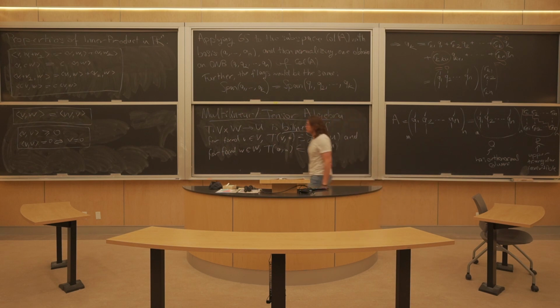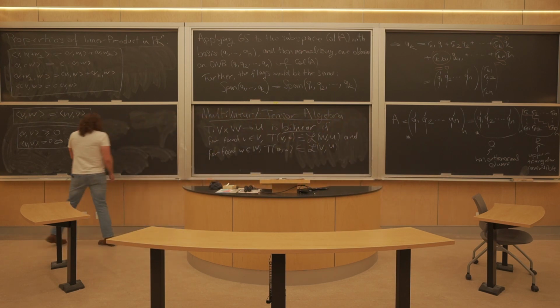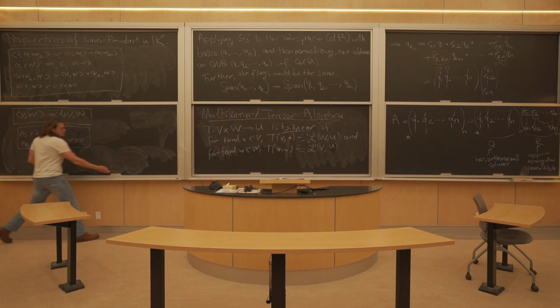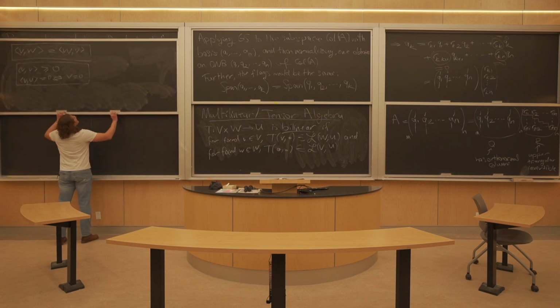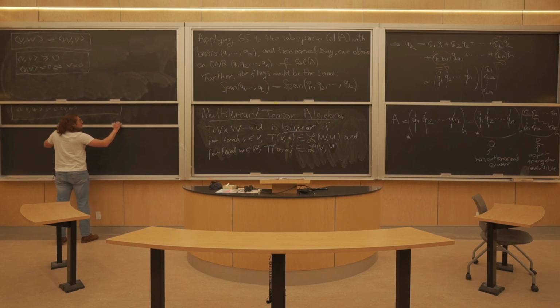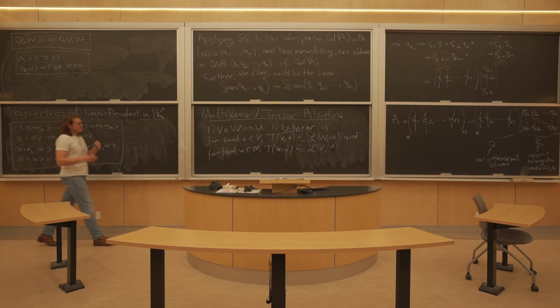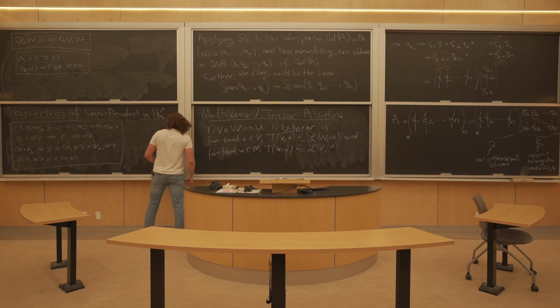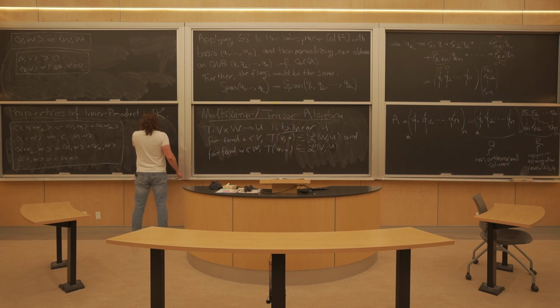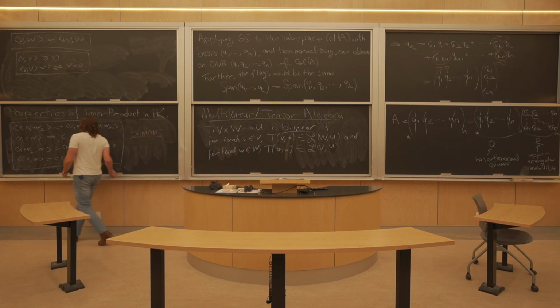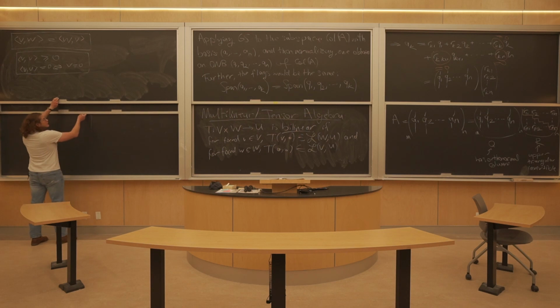So that is to say that this box is saying that the inner product is bilinear. If you had three vector inputs, it would be trilinear. If you had n vector inputs, it would be n-linear.